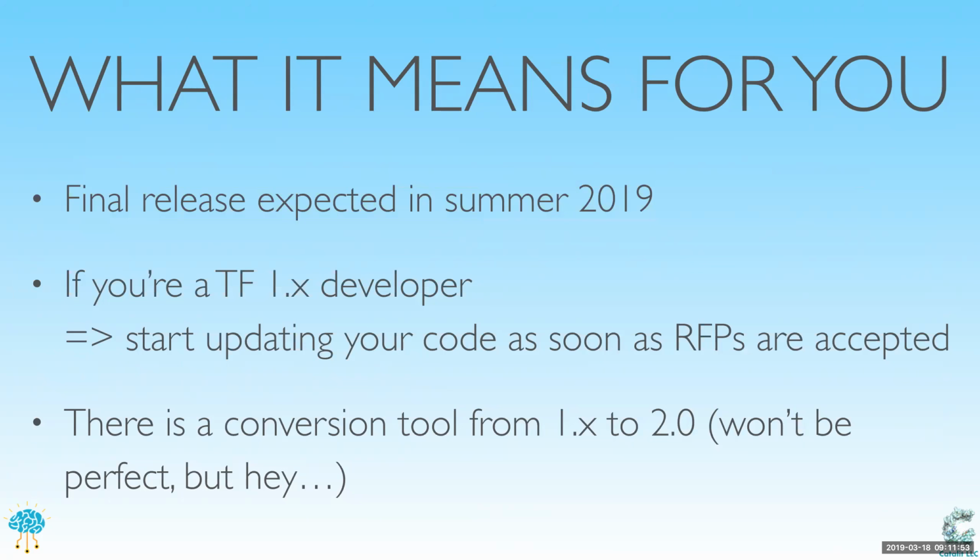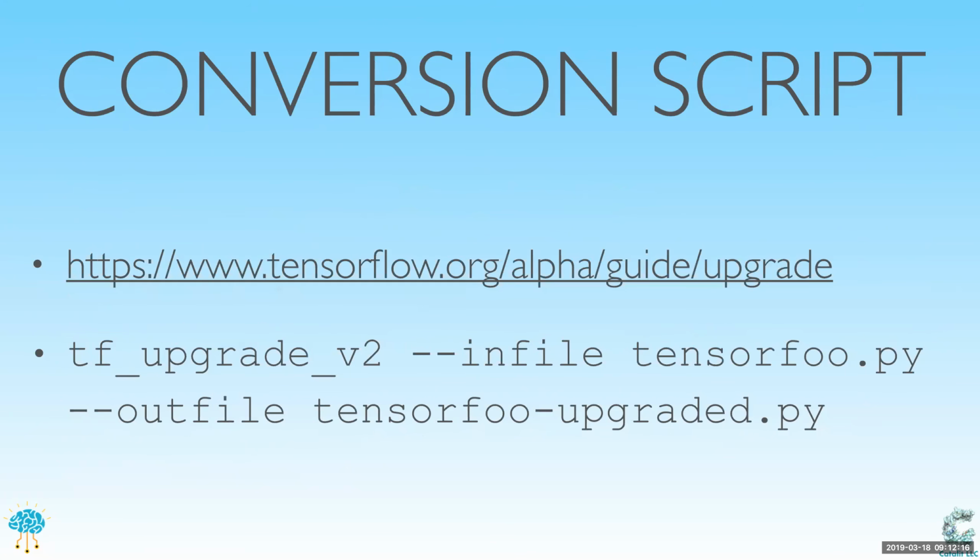If you are a TensorFlow developer that is familiar with version 1 of TensorFlow, you should start updating your code as soon as the request for comments are accepted. And there is a conversion tool which is actually quite useful, and this is how you use it.